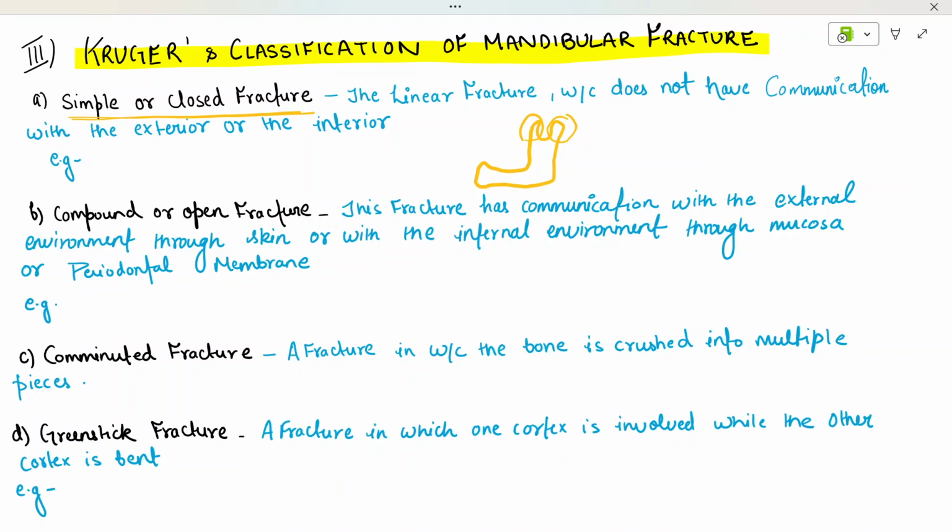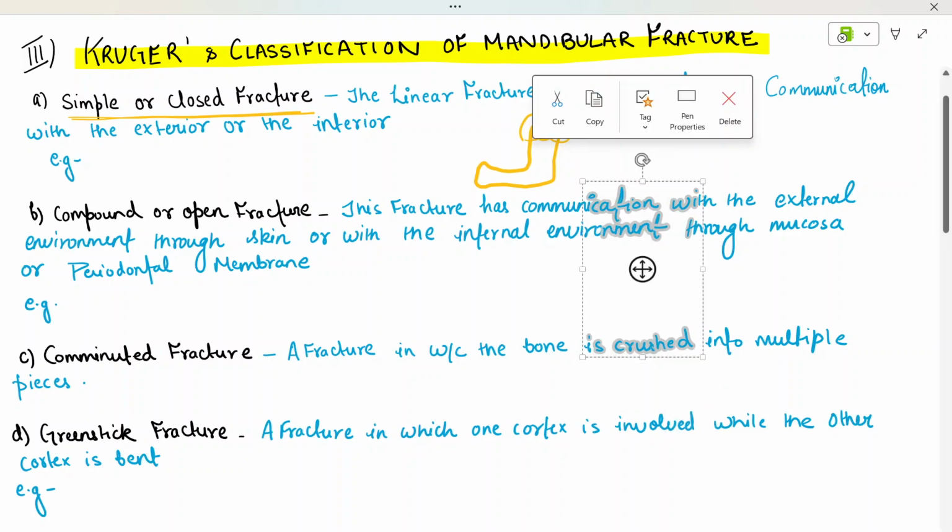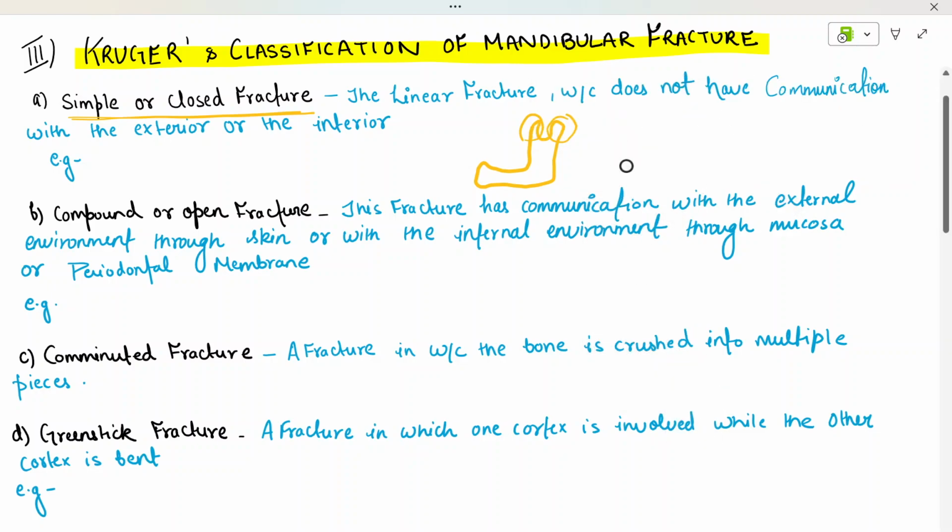If I show you a simple fracture in this figure, for example, if I draw a fracture line like this and this is the condyle which has been fractured, this is a type of simple fracture. It does not have any communication with the outside environment or with the internal environment. It's just a simple fracture. The condyle is just being fractured.